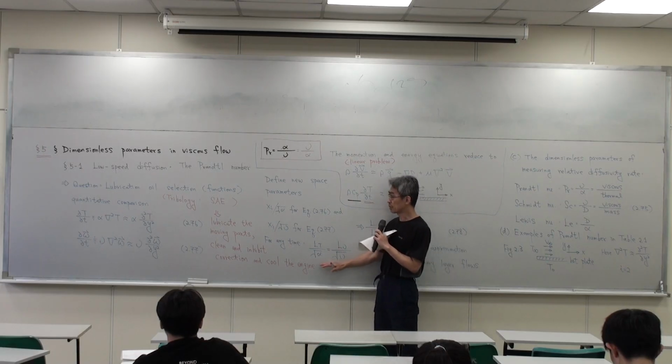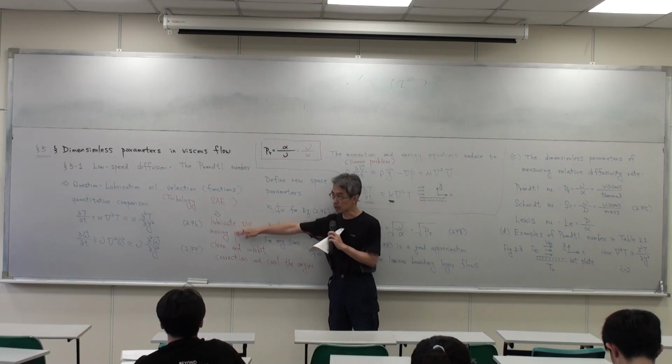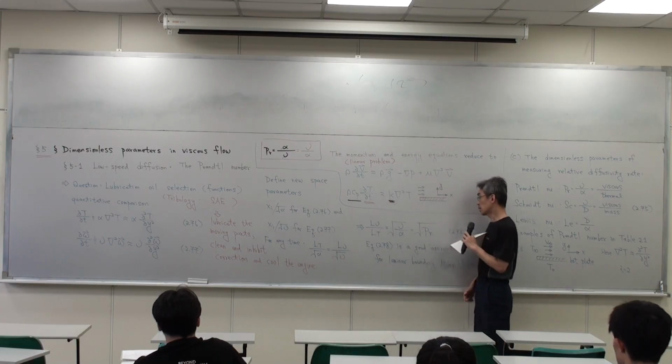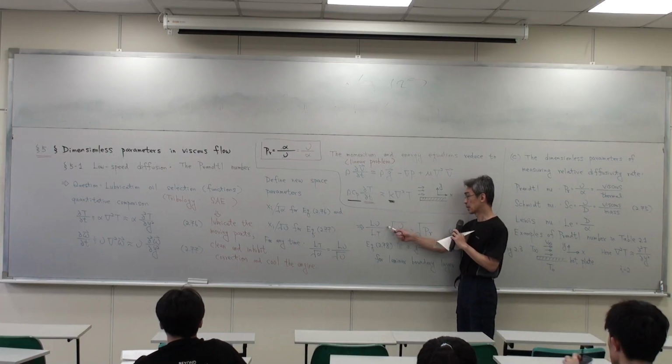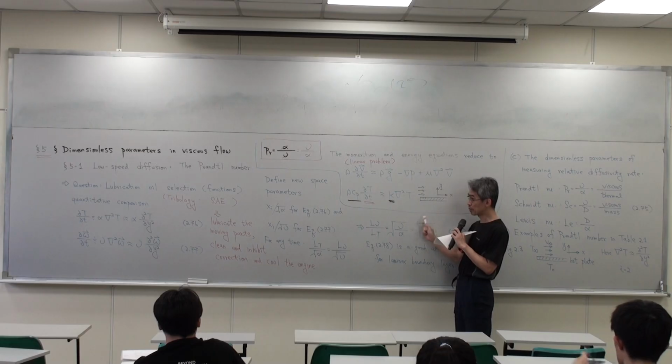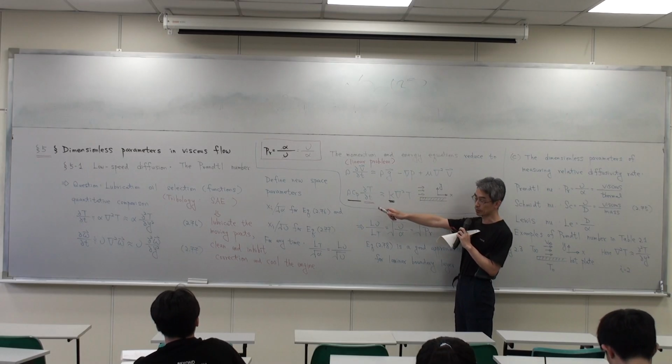So if we substitute these two into the Gaussian equation, you can see basically this length is the square root of the Prandtl number, because in the Gaussian equation that should be the square.